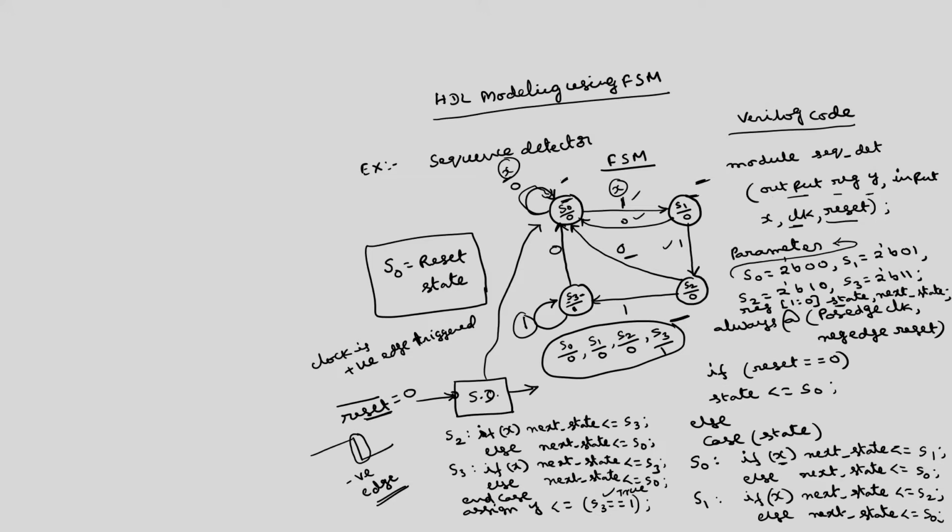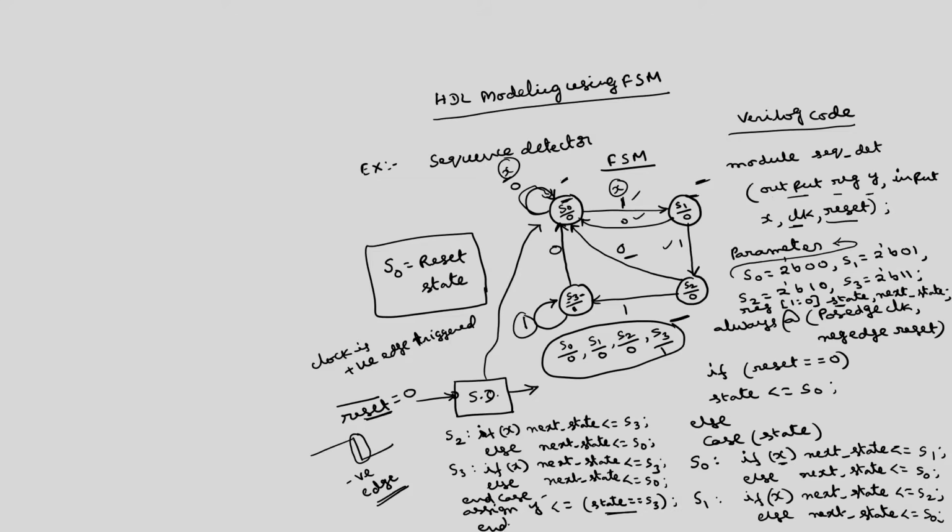Y is equal to 1, or you can write y is equal to state equal to S3, if this is true, y is equal to 1, otherwise y is equal to 0, okay.